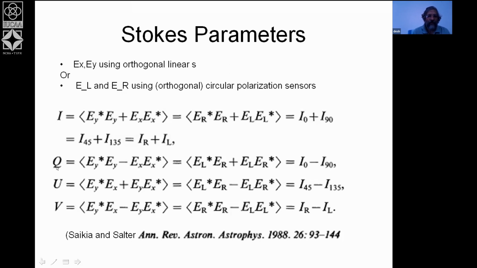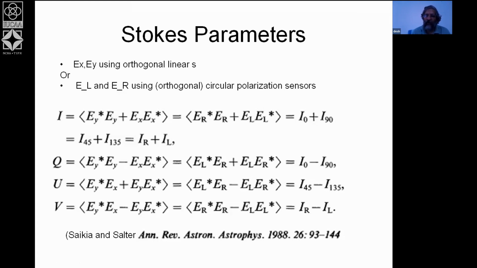The Q and U parameters define the linear polarization components, and the one aligned with respect to X or Y can be defined as the difference between the X and Y polarizations. It depends on which direction you take as the zero orientation, but it's essentially the one with zero orientation, with the orthogonal subtracted from that.